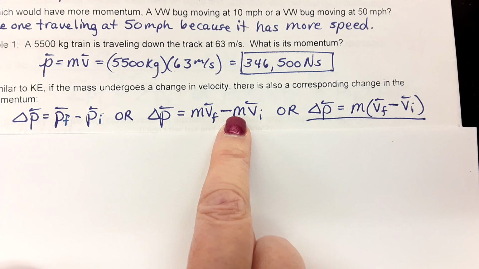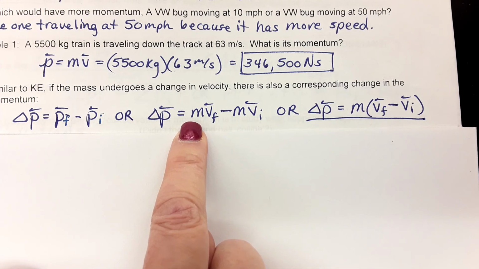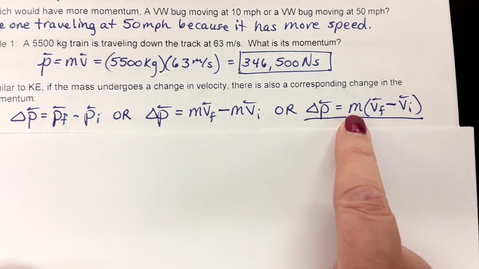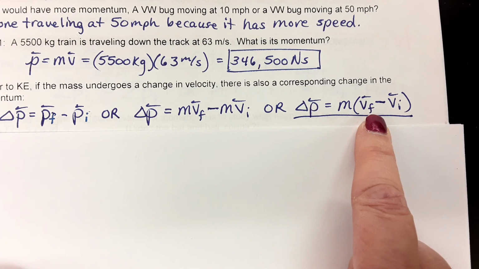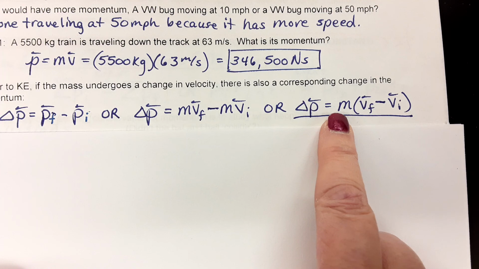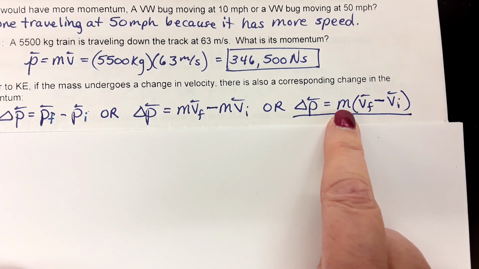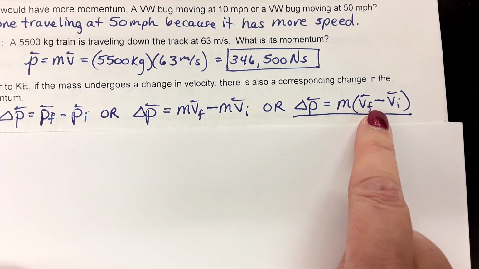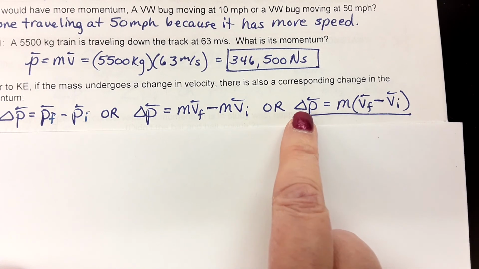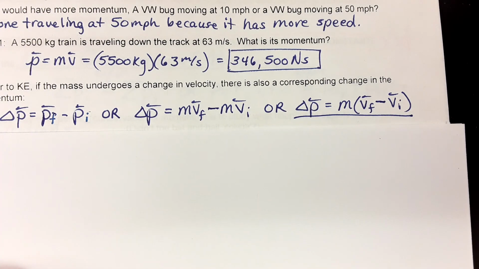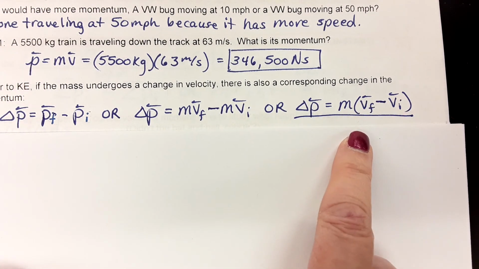Or if you factor the m out because it's the same m for that object, then you get the mass times the quantity change in velocity. Remember, the mass typically doesn't change for a given object, but its velocity can. So you can say mass times change in velocity, which would give you the change in momentum. I like to use this way, it's a little easier.